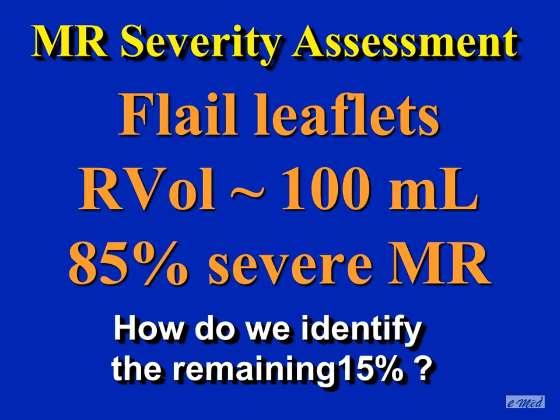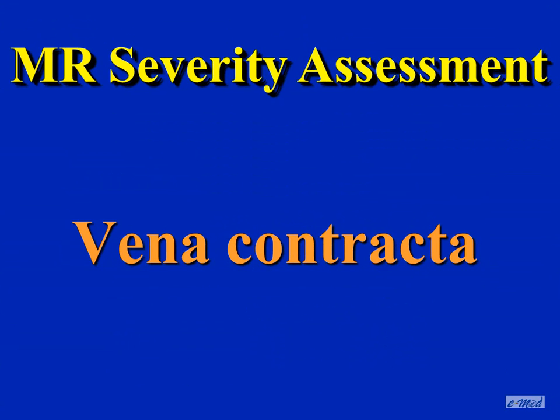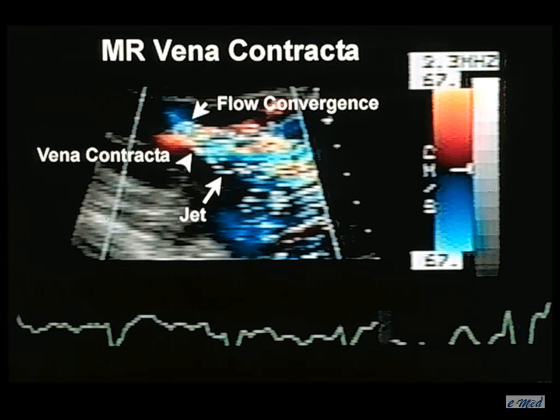When you see a flail leaflet, you start with the idea that until proven otherwise, this is severe MR, and you process that way. So you can use, as a method, vena contracta, and vena contracta is what you see here. The trick of vena contracta is you need to see the three components of flow: flow convergence, vena contracta, and the jet.